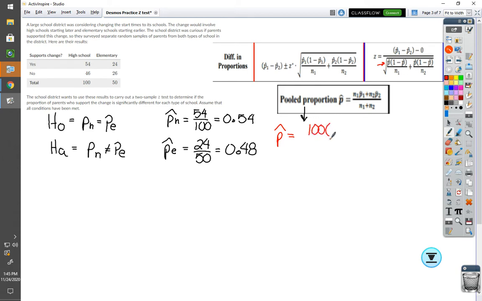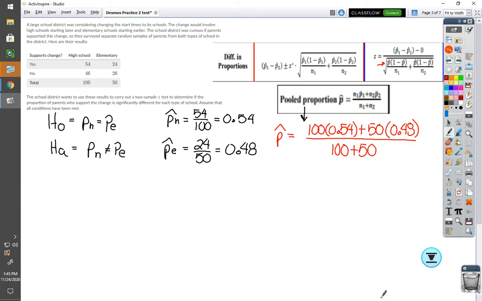We multiply it by the p-hat value, or the 0.54 of that condition. We add it to the second population of 50 times their p-hat of 0.48. And then we divide the entire thing by the sum of the two groups, which for us is 100 plus 50.